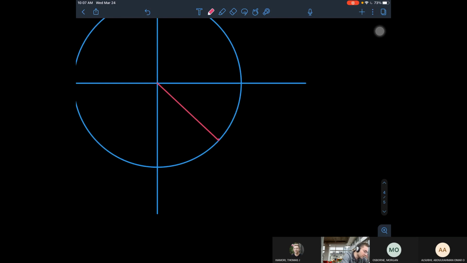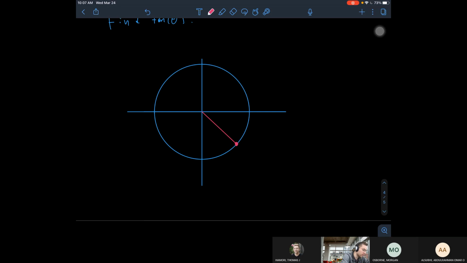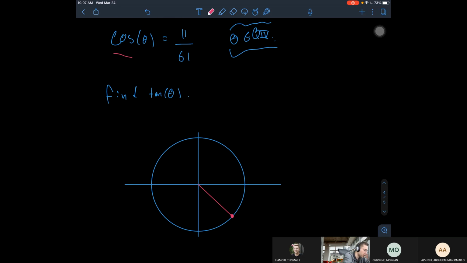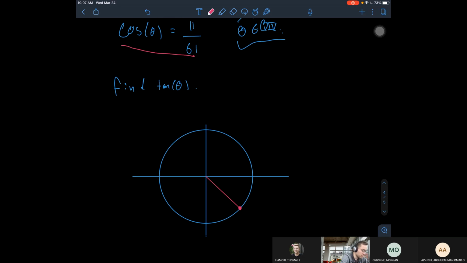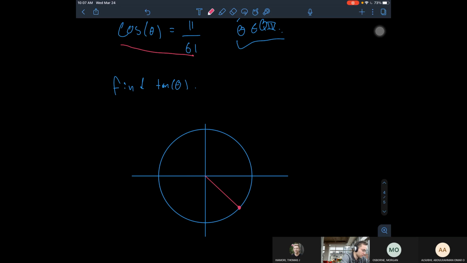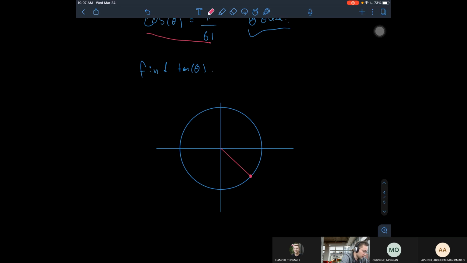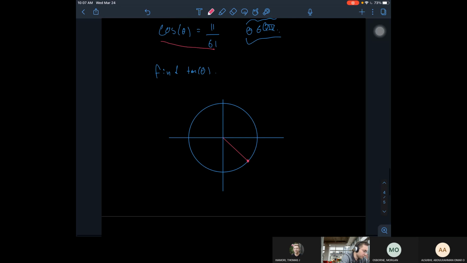Okay, and what is the other piece of information they give us? They tell us that the cosine of the angle is 11/61. So what information can we now fill in on our picture?